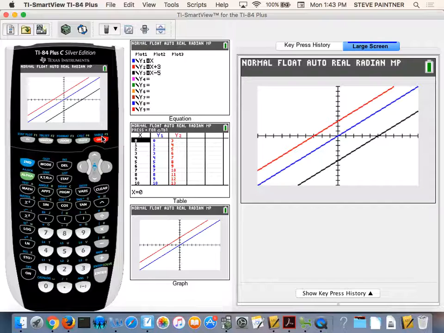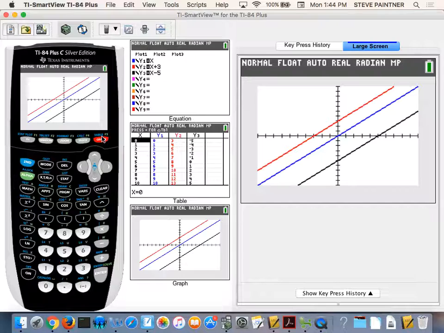Did it go down 5? Yeah. So what does it do when you just add or subtract a number behind the function? Takes the parent and moves it up or moves it down by putting a number on the back side.